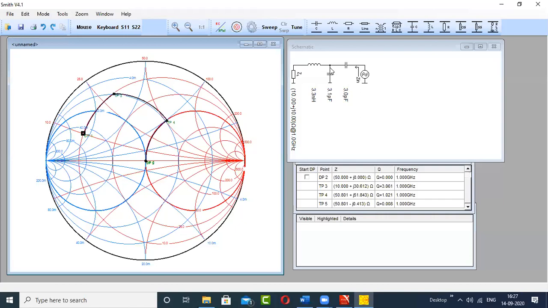So you said that if we increase the number of inductors and capacitors, then there may be a benefit. Can you give any benefit? The benefit is what? The band is going to increase.